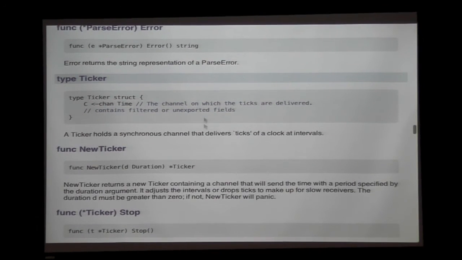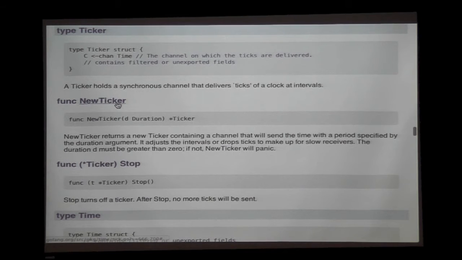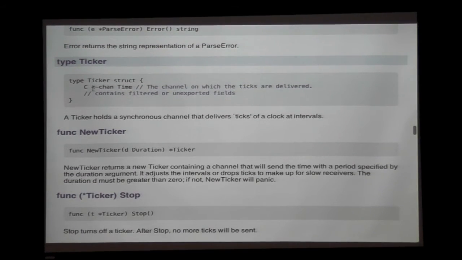Let's see, there are some fun implementations in time. One of them is for example the Ticker. Ticker, what is it? Ticker is a structure that has an attribute C, capital C, that's a channel of Time.